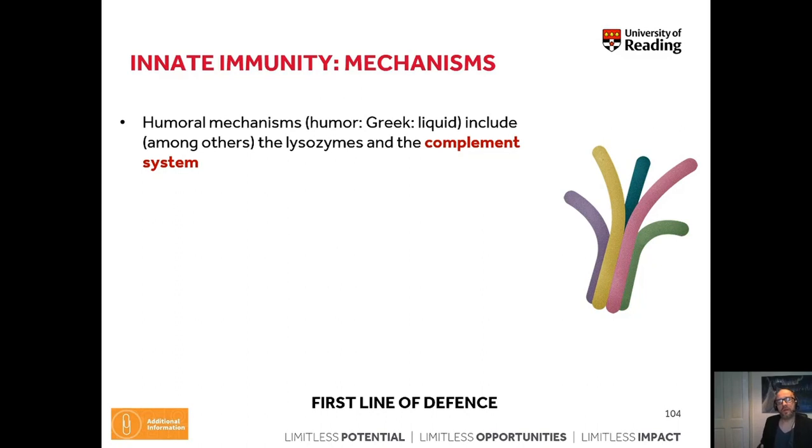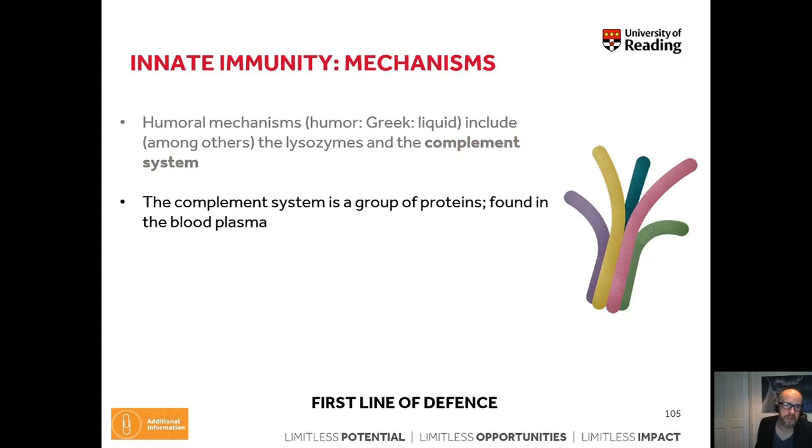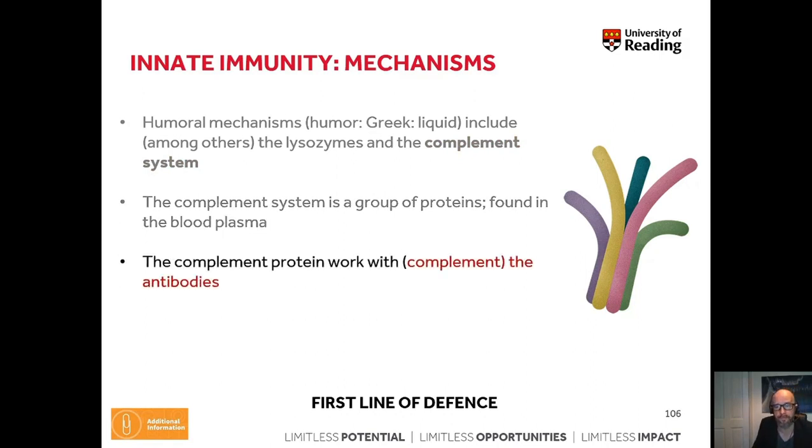In addition to those barriers, innate immunity also relies on molecules. This so-called humoral mechanism includes lysozymes and the complement system. The complement system is a group of proteins that are found in the blood plasma.